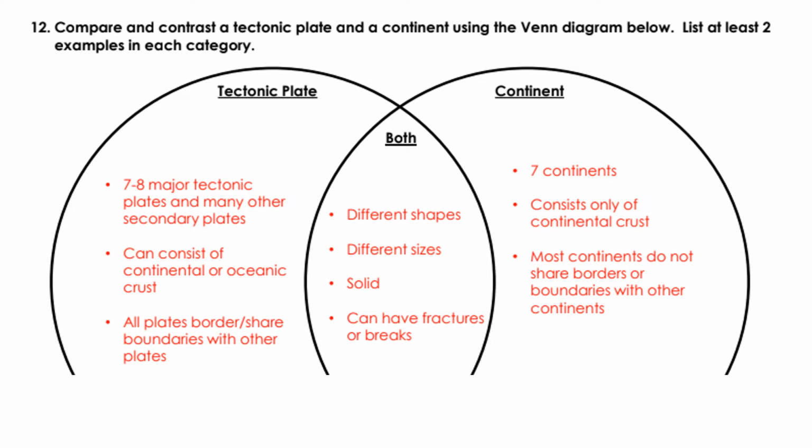In other words, if there's land, or if it's ocean on top of that, and they're going to be crashing into each other to make those divergent, convergent boundaries. They both have different shapes, they're different sizes, they're solid, and they can have fractures or breaks in them. And then for the last one here, for continents, most continents do not share borders or boundaries with other major continents.